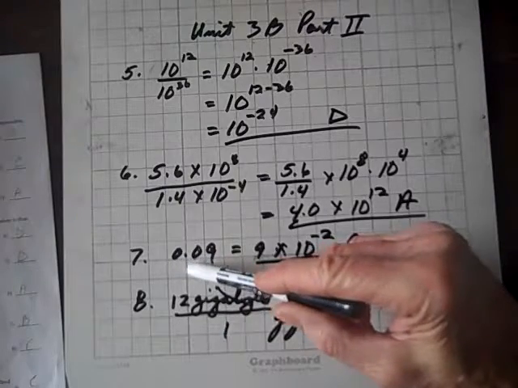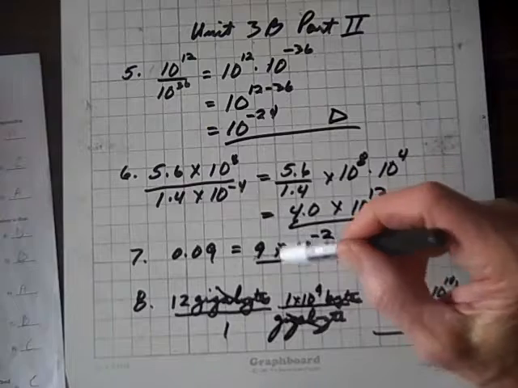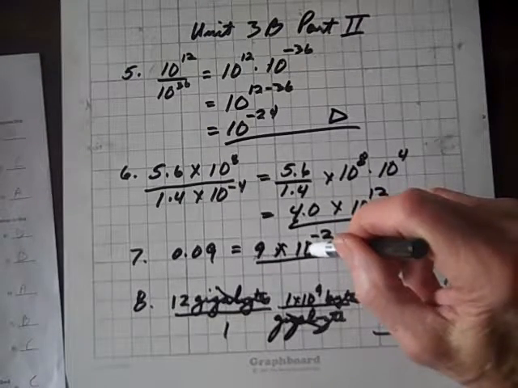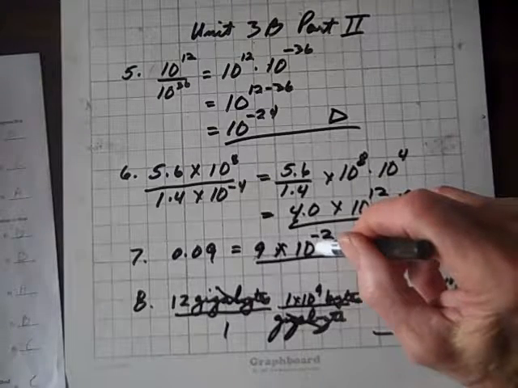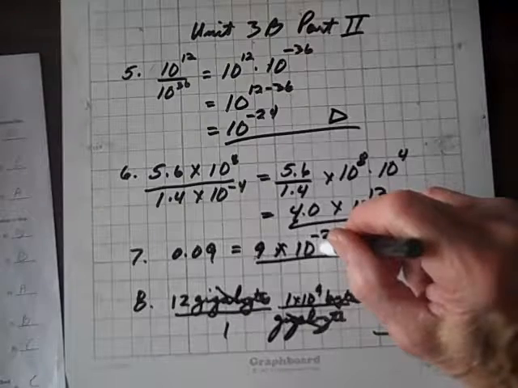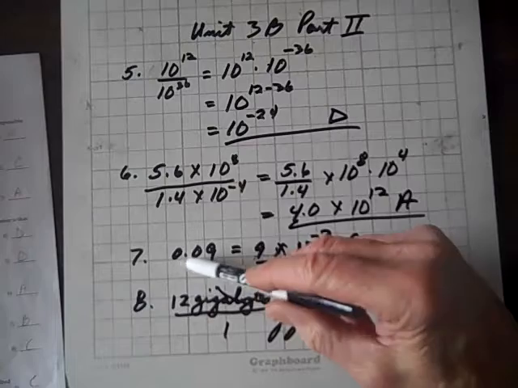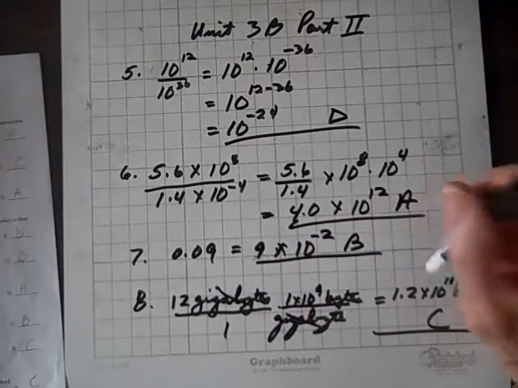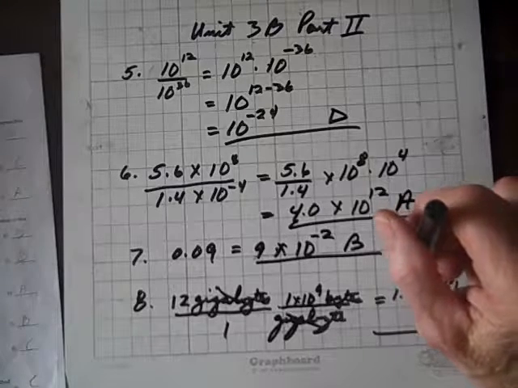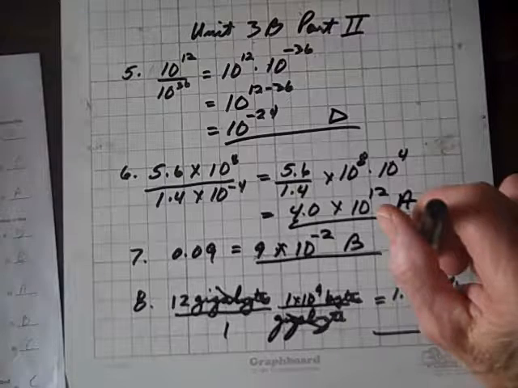We made this value larger by a factor of 100, so we had to rewrite this as 10 to the negative 2 to compensate for the movement of the decimal. So that's B.